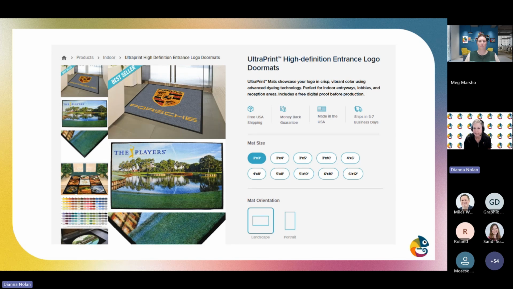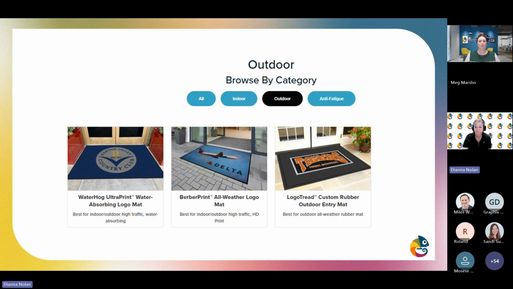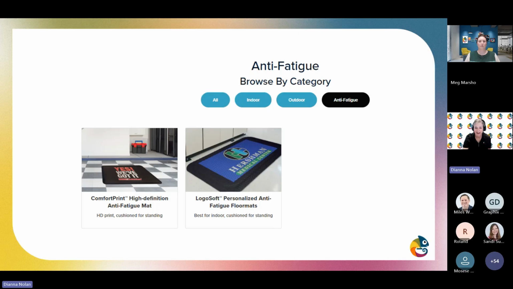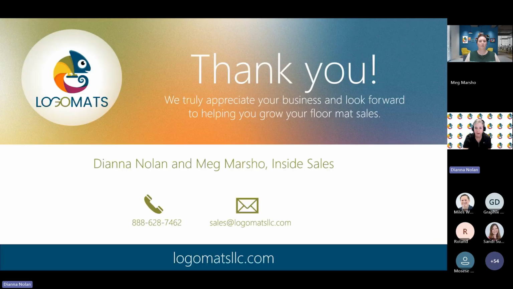He's got the mat sizes. So he lays it all out just crystal clear and beautiful. And then he did outdoor mats. And he also did some anti-fatigue mats. So it's just wonderfully successful with this. But that's what that would look like.